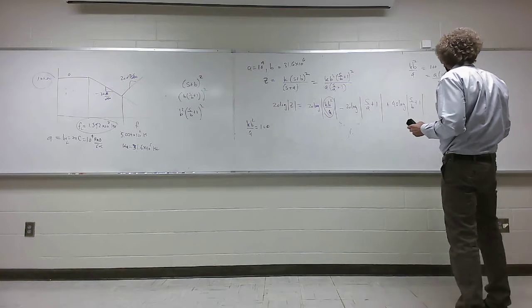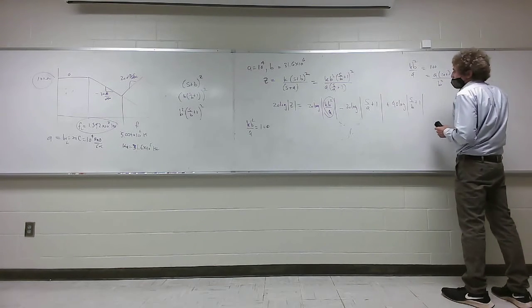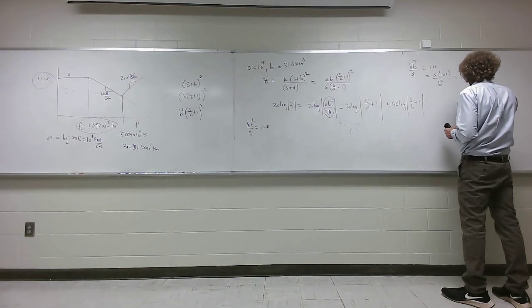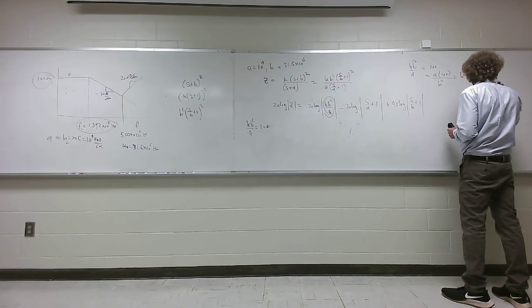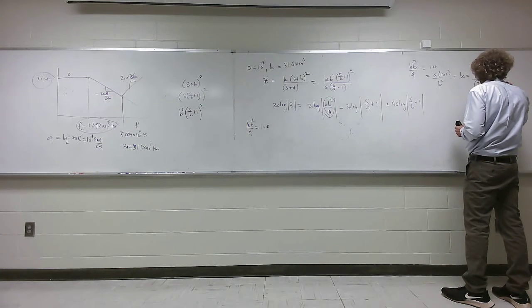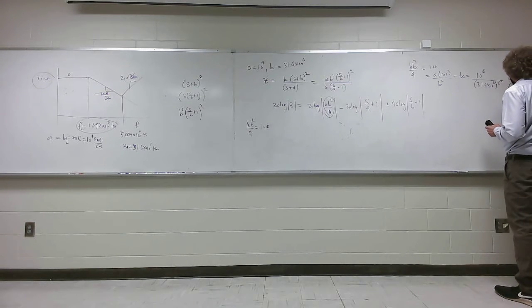That's 10 to the 4th times 100, which is 10 to the 6th, over B, which is 31.6 times 10 to the 6th, squared. That gets rid of one of those 10 to the 6ths, so it's 1 over 31.6 squared times 10 to the 6th, whatever that is.